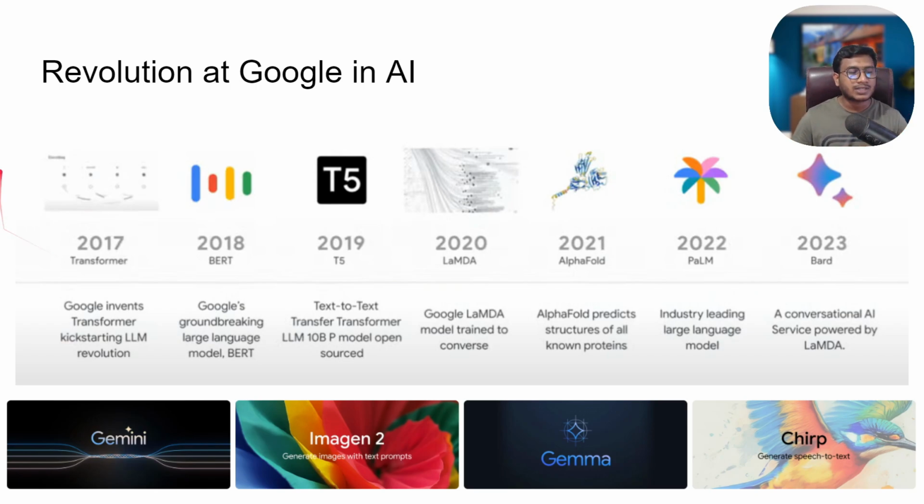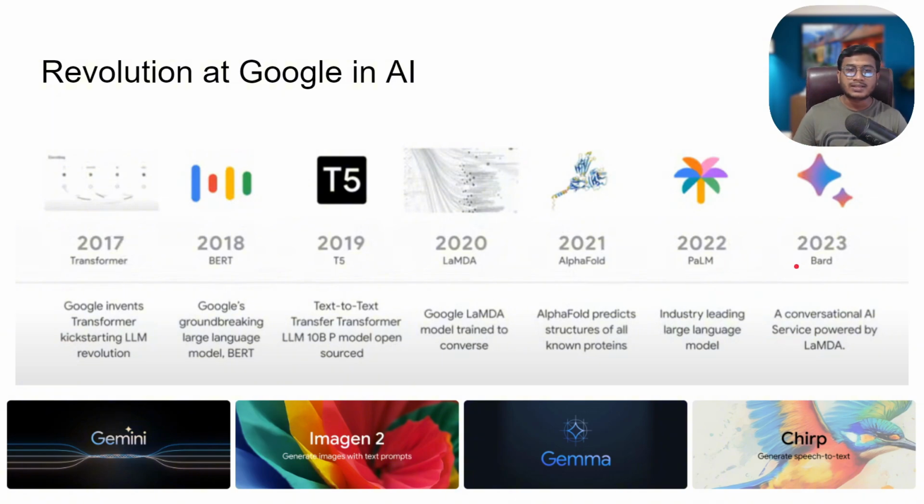Then in 2018, they came up with another model called BERT, B-E-R-T. This is one of the language models they brought. Then they brought the T5 model. Then in 2020, they brought one large language model called LaMDA. LaMDA was an amazing model in the field of large language models. Then in 2021, they published the AlphaFold model. Then in 2022, the PaLM model.